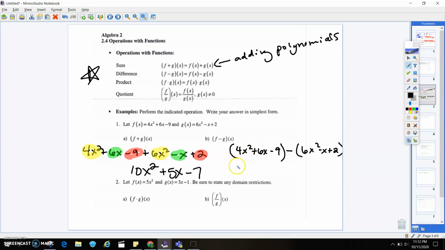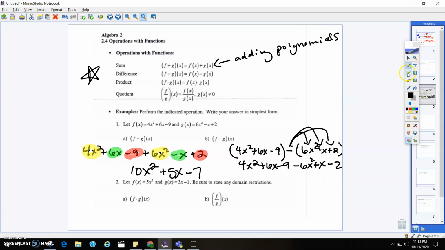We had parentheses around the first function, parentheses around the second function. With that negative, remember, you've got to distribute it out. Okay, so we've got that negative, and we're going to take it, we're going to share it with everything that's out here. So I'm going to rewrite this first function, which is going to be 4x squared plus 6x minus 9, and then I've got negative 6x squared plus x minus 2. Sorry.